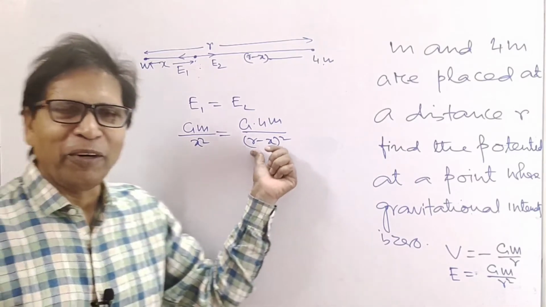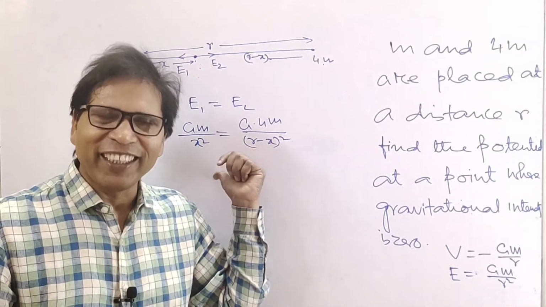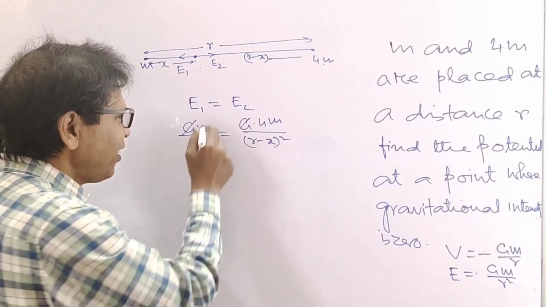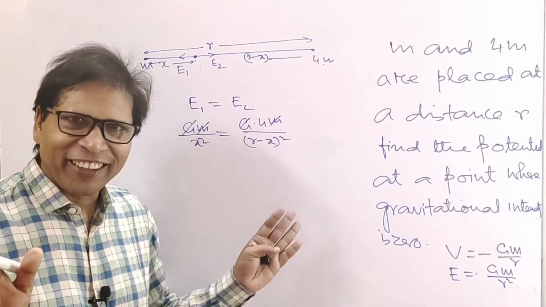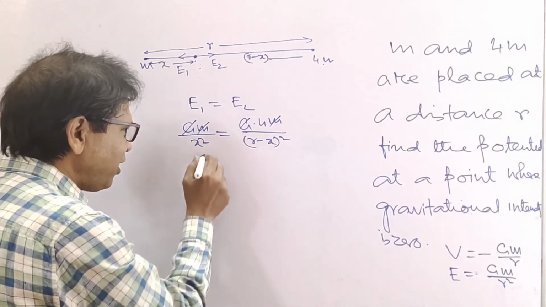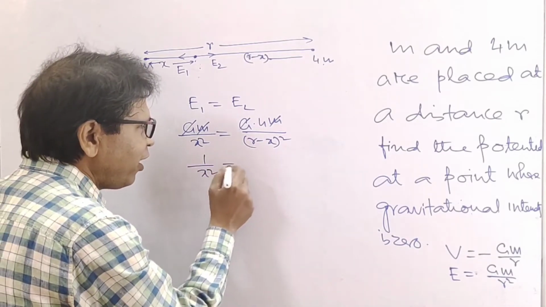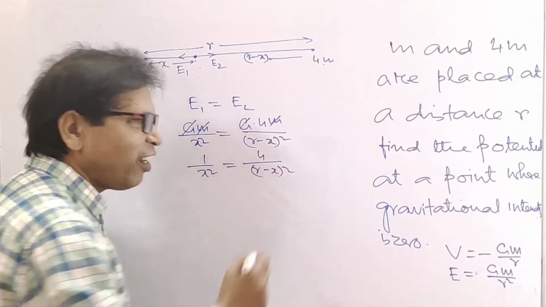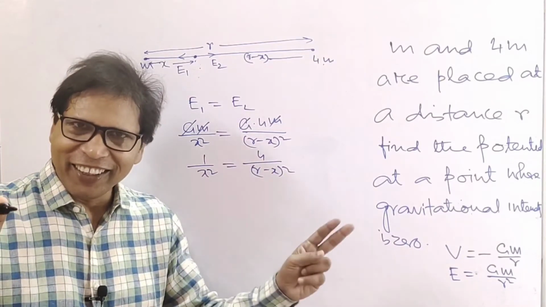Now we have to calculate x from this relation. Look at this, G and m cancel out. So this is 1 by x square equals 4 divided by r minus x whole square. Okay, understood?